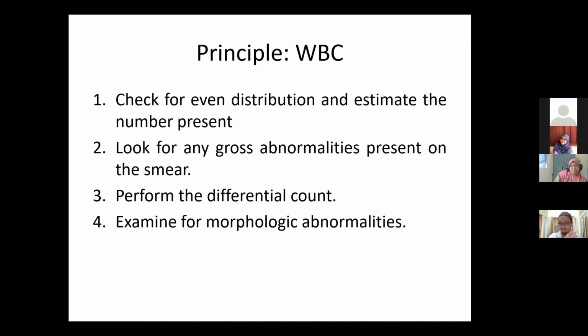You don't have to look all over the smear, only in the body part and in a zigzag way, and then get an estimate. So it has to be evenly distributed, and then we make an estimate of the number of cells present. Look for any gross abnormalities. Note this. Then perform the differential count and examine further for morphological abnormalities.